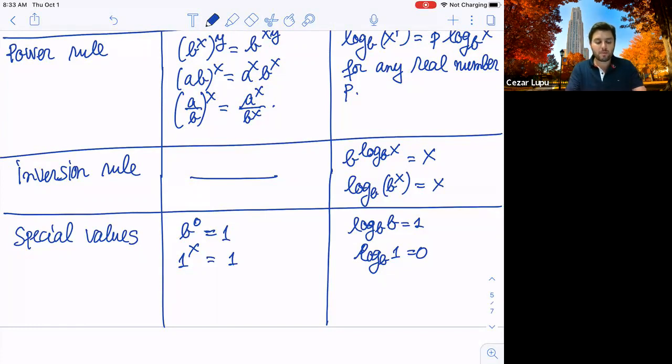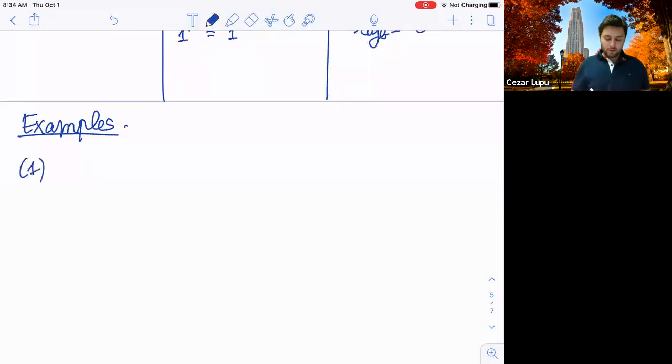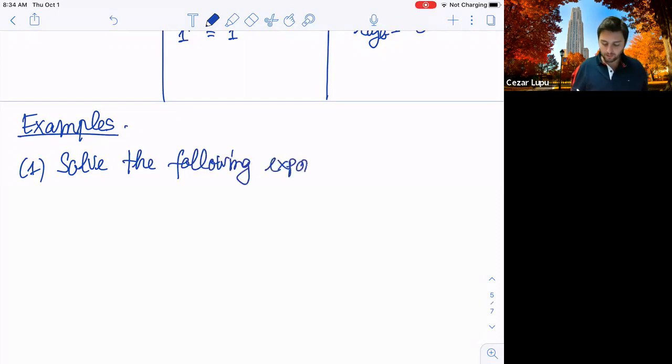And now in the remaining time, I'd like to do some applications, right? So let's do some examples. And let's start with the first one. Solve the following exponential equation. All right, let's see.